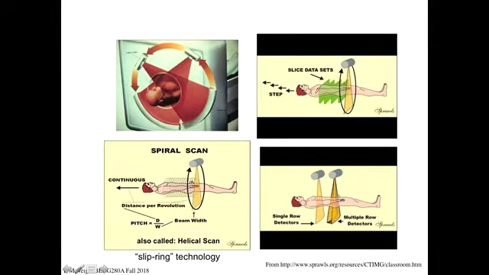To move and get different slices, if this is a one-slice scanner, initially what happened was the table would shift, say, 2 millimeters, and you would do that whole thing again, and the table would shift another 2 millimeters, and you'd do that whole thing again, and you would just step your way through the patient, right, or the volume you wanted to scan.